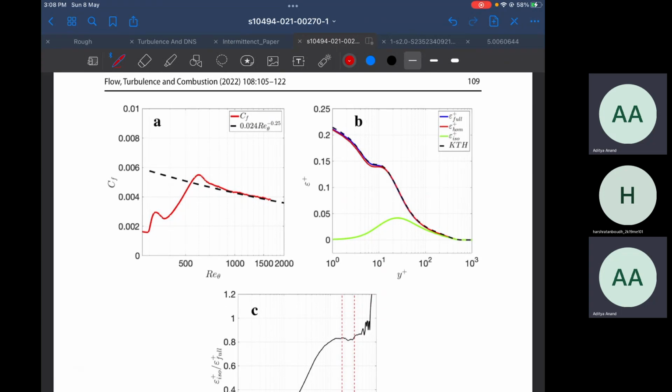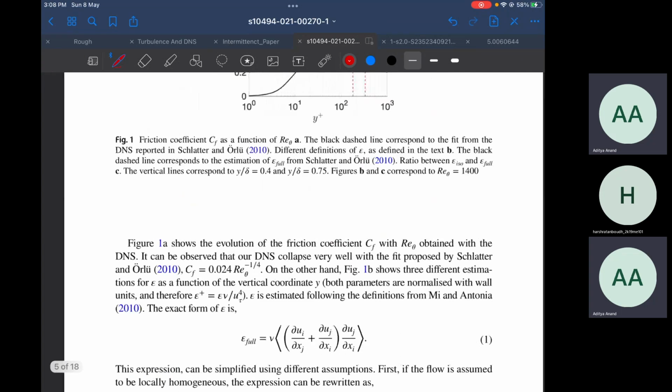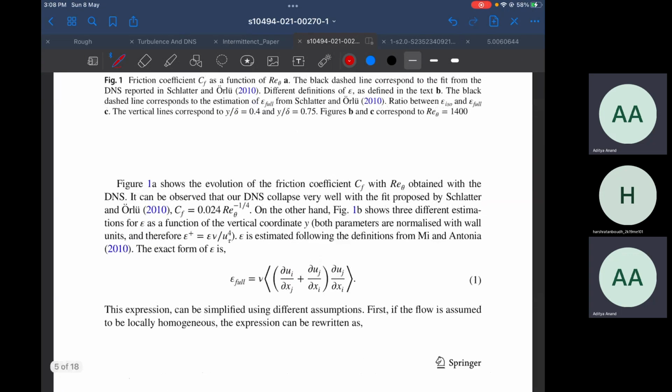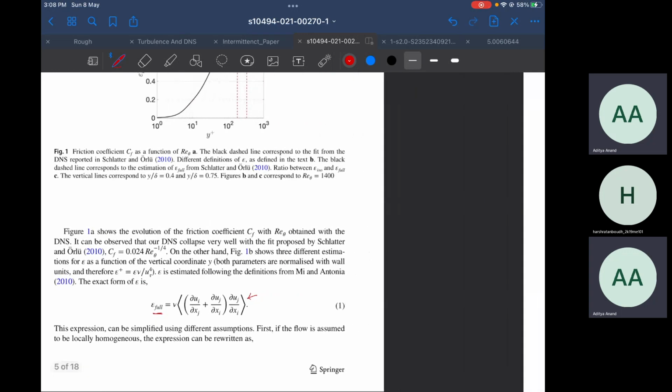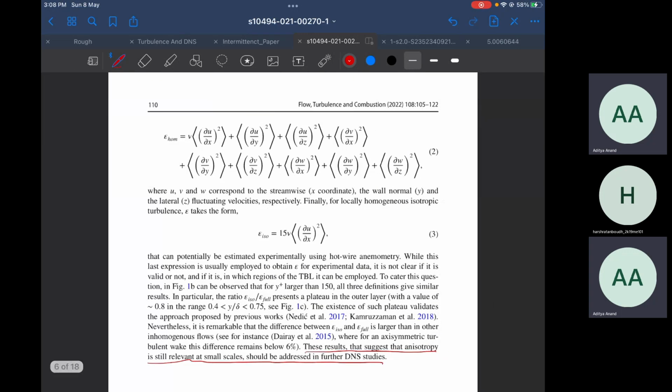Now they have calculated the dissipation using the actual expression which you use to calculate the dissipation in flows. So this is the true dissipation, and then if you use assumptions of homogeneity, you get this expression. Further, if you use the assumption of isotropy, you will get this expression.